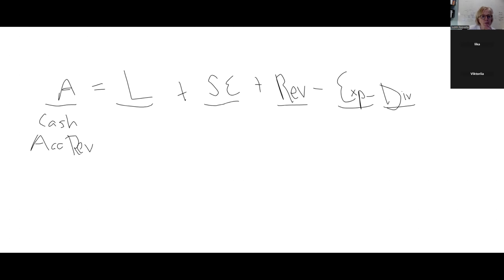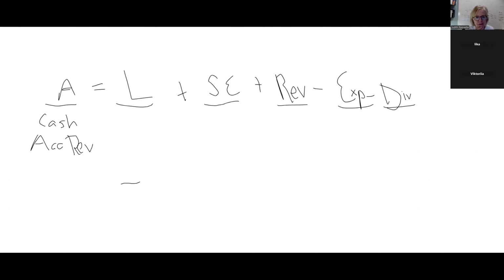Lika, can you write on my whiteboard? Go up here and see if you can tell me, is it debit or credit to increase cash? Write it on top of the A. David, yes, it is. Can you write debit on top of the A?